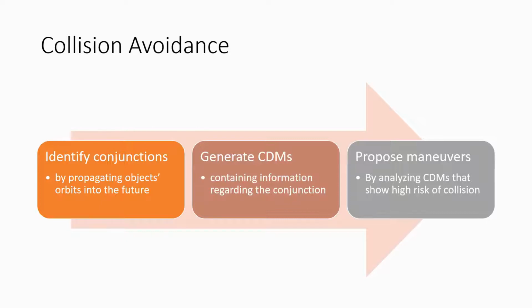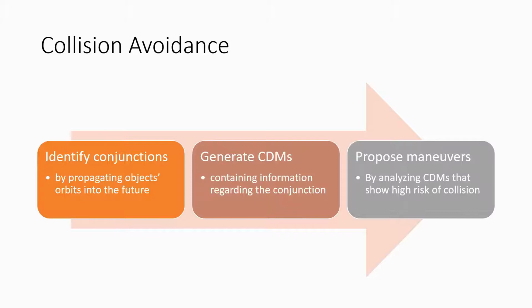I just want to briefly mention what the pipeline looks like. So the first part is to identify conjunctions, and this word I have used a couple of times before. A conjunction is basically an event where two satellites, or it doesn't have to be two satellites, but an active satellite and, or two tracked objects, let's just say, pass very close to each other.